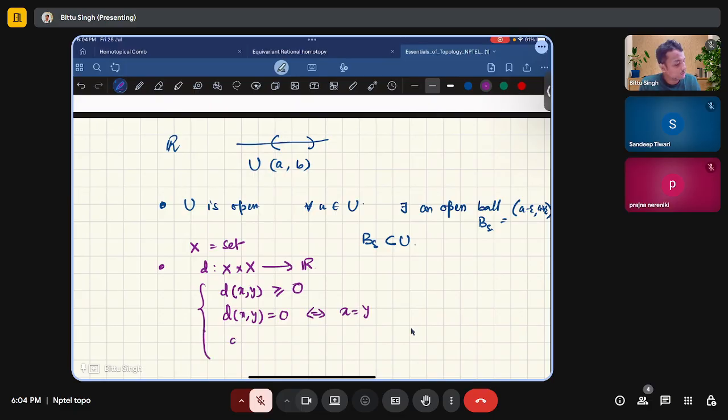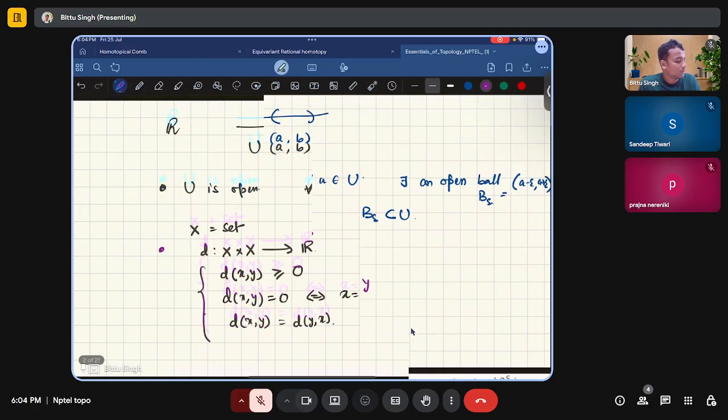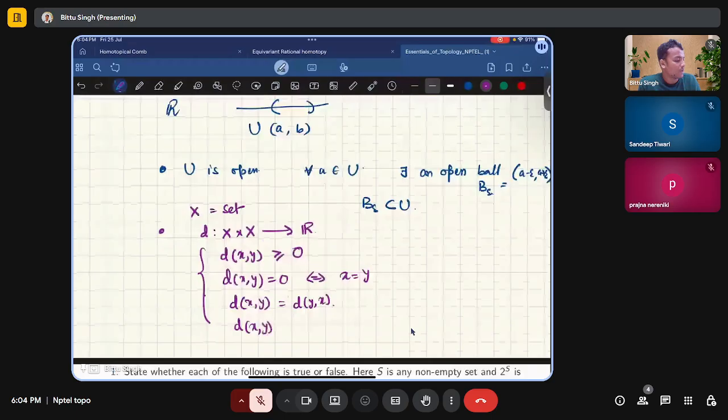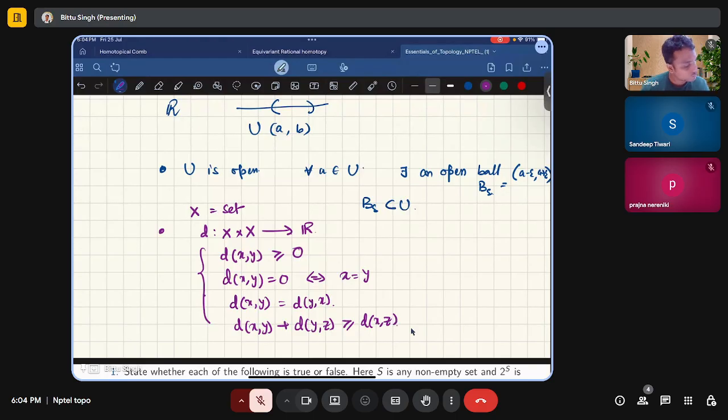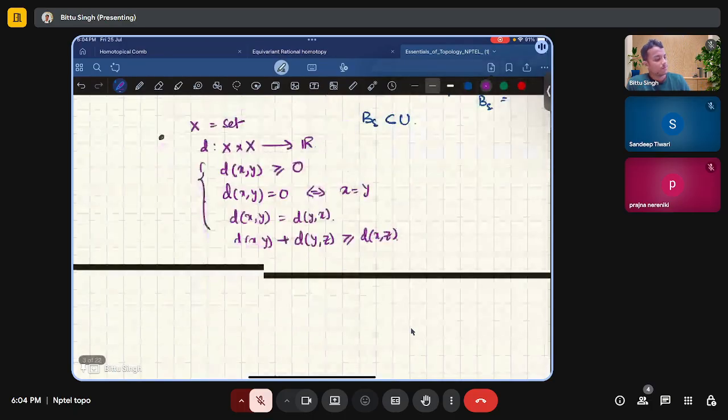It satisfies symmetry: d of x,y is the same as d of y,x. Moreover, it satisfies the triangle inequality: d of x,y plus d of y,z is greater than or equal to d of x,z. This is called a metric space.